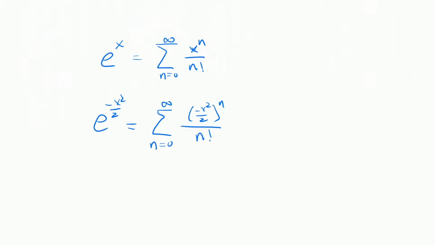Let me clean it up a bit. So this thing looks something like this now. We have (-1) to the n times x to the 2n over 2 to the n times n factorial.